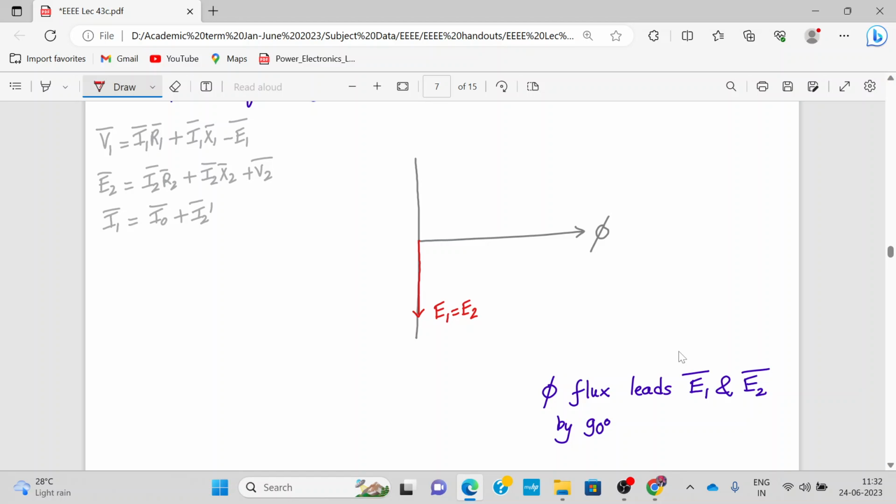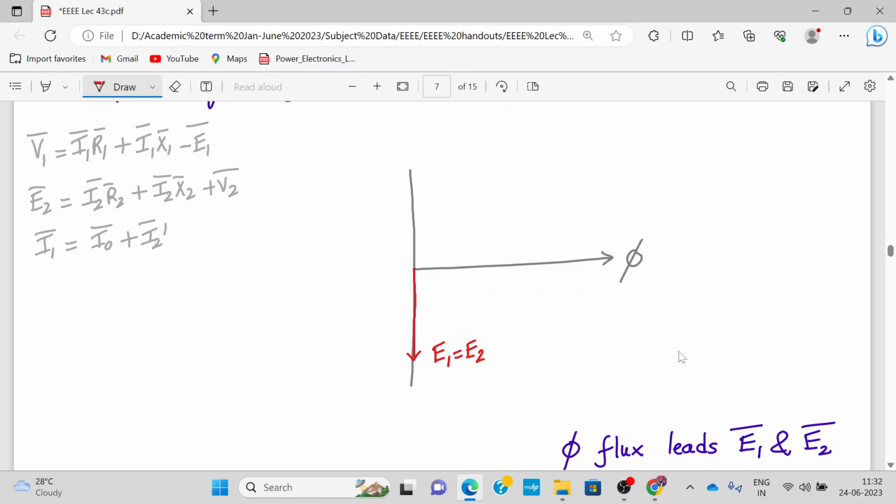Next comes where your current I2 will be. Let me maximize this. We have drawn E1 and E2 so far, and they are lagging behind the reference phasor phi by 90 degrees. So this is 90 degrees. I hope I'm giving you all time to draw so that you can draw along with me.